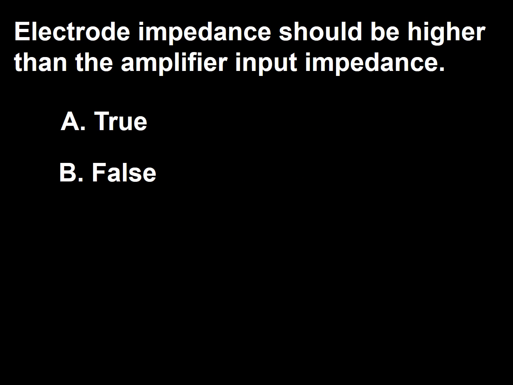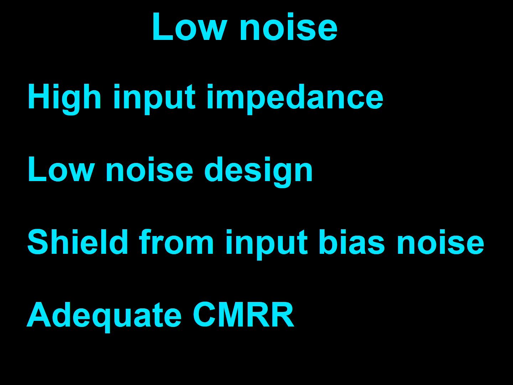Next question. Electrode impedance should be higher than the amplifier input impedance. A, true. B, false. An important factor in achieving an artifact-free record is for the amplifier to have a high built-in input impedance.